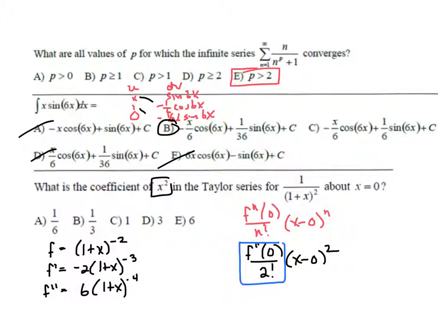So the second derivative evaluated at 0, if I plug 0 in, would just be 6. But remember, that's just the numerator. So you have to do 6 over 2 factorial, which is 3.